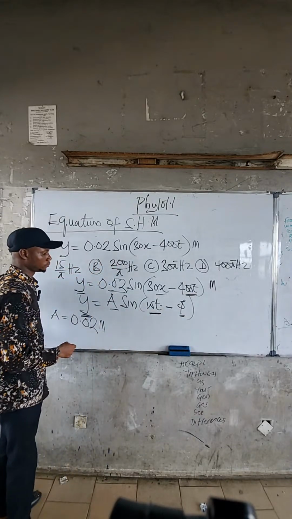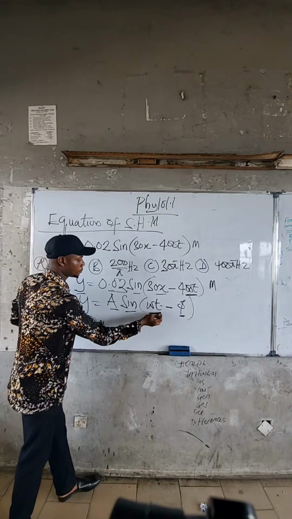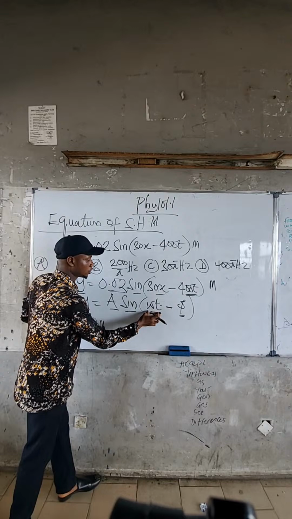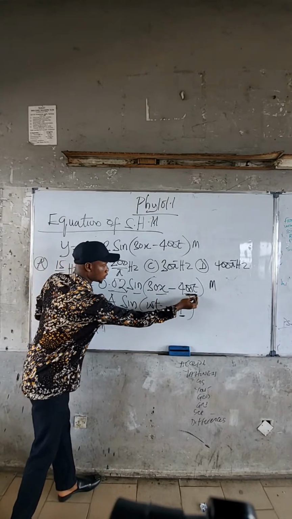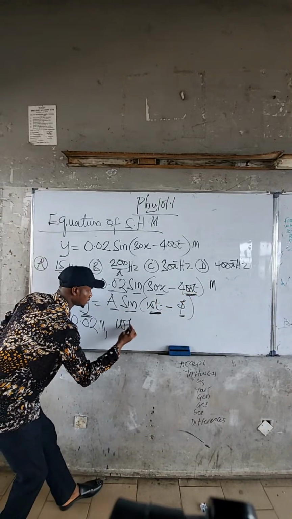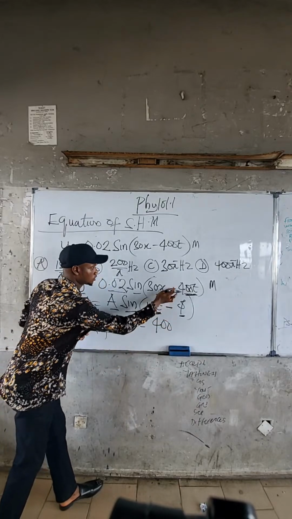Now let's measure. Compare this to this. We don't have anything here. This one is for x. That means I have to compare this omega t to the one that has t, which is this one here. Please take note. So comparing this, omega t is equal to 400t. Please take note. This minus will cancel this minus here.